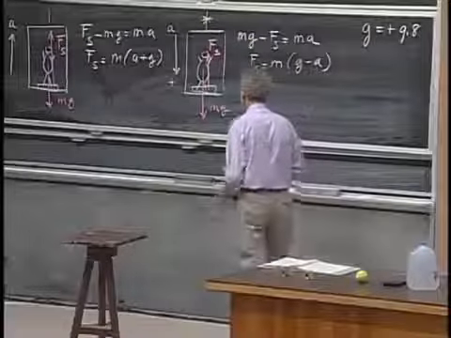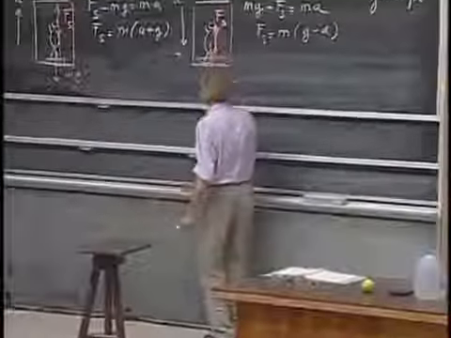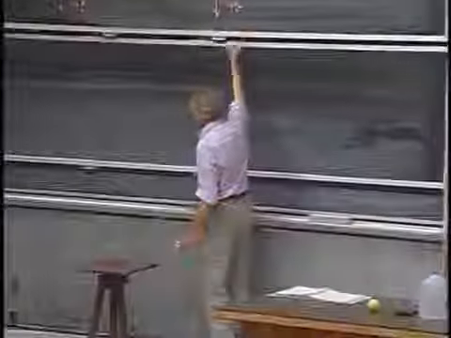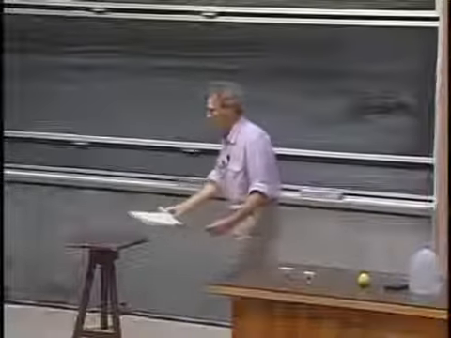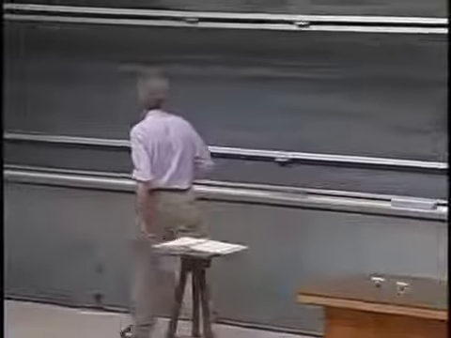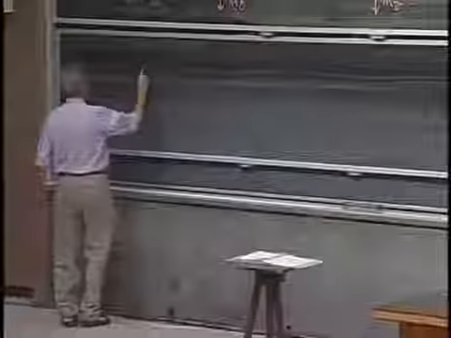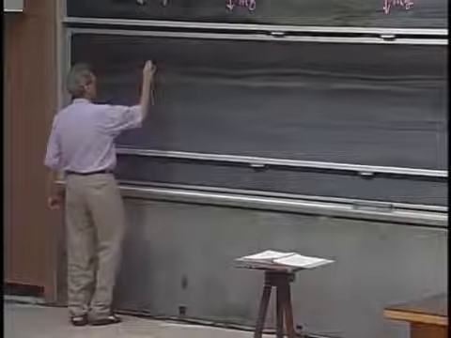But before I do that, I would like to address the issue: how could I determine your weight if I hang you from a string? So now, instead of standing on a bathroom scale, you are here. Here is a string.